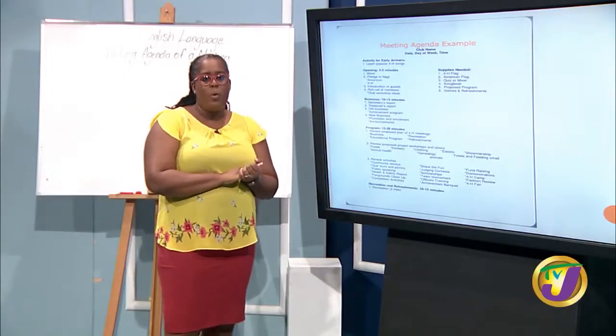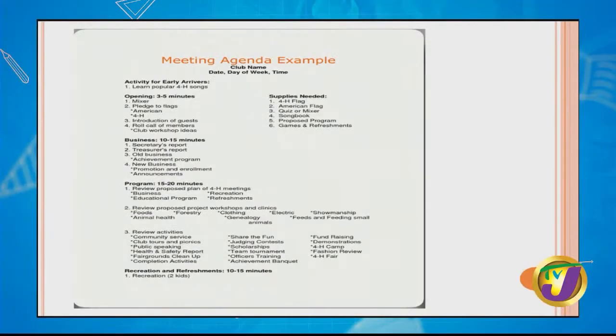What you're going to be doing is looking at this meeting agenda and trying to identify the strengths and the weaknesses based on what we have discussed so far. We already know what we should include in the agenda because I taught you that not too long ago. So you should be able to tell me the strengths and the weaknesses of this particular agenda. Do that quickly for me.